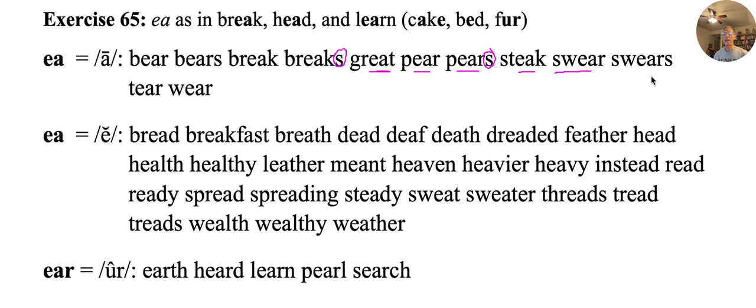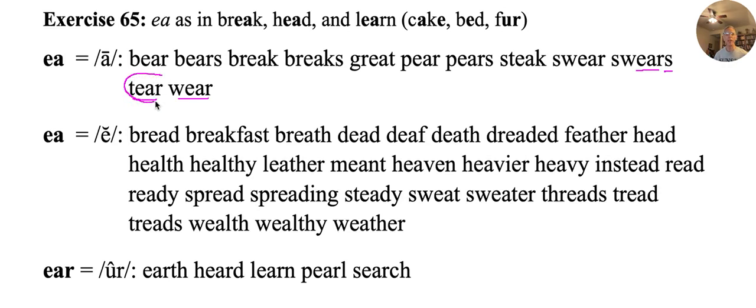Swear, for example, when you pledge allegiance to the flag, they call that to swear allegiance. Swears is just the S form of that. Then we have tear, like tear a piece of paper, and wear, like what do you wear to school today?